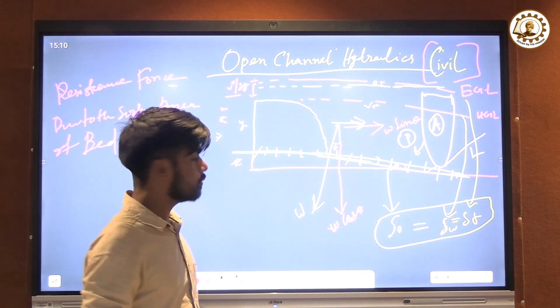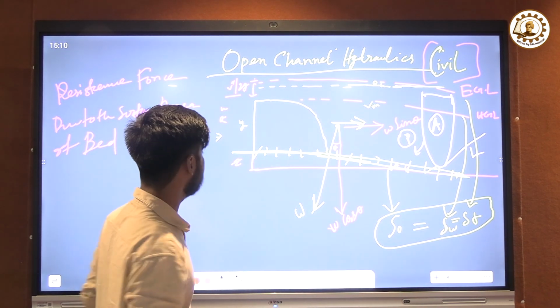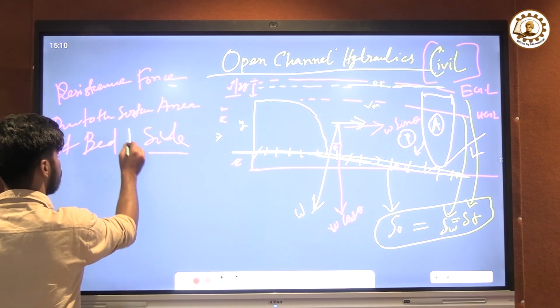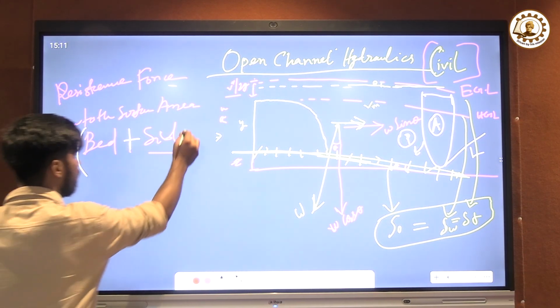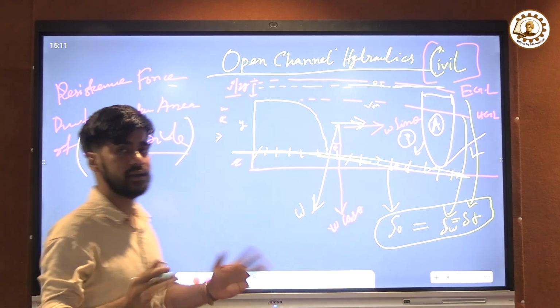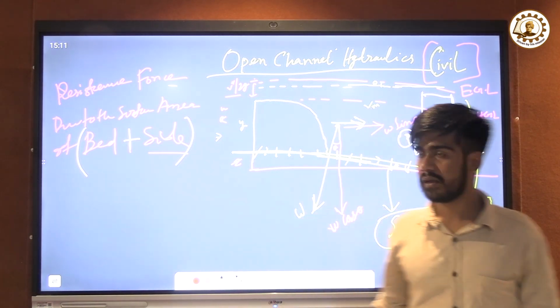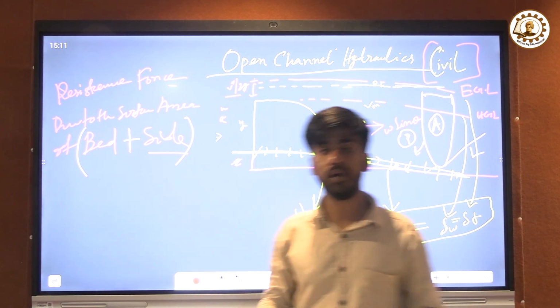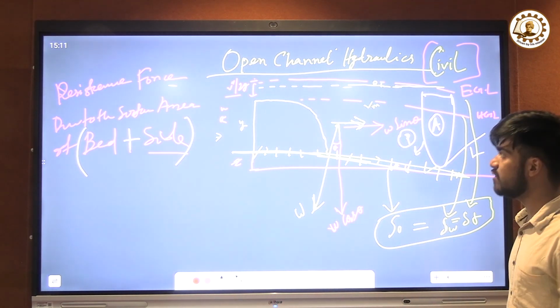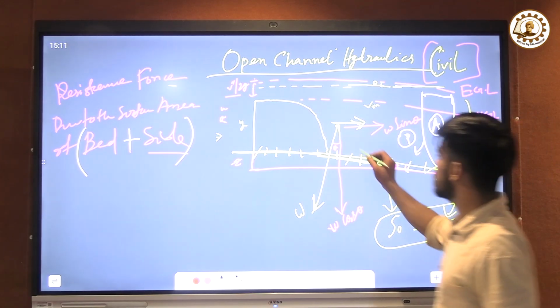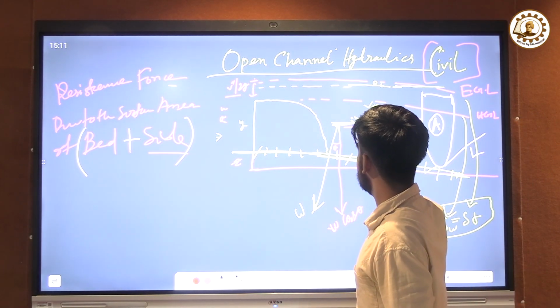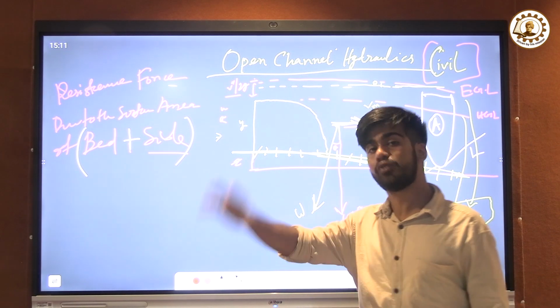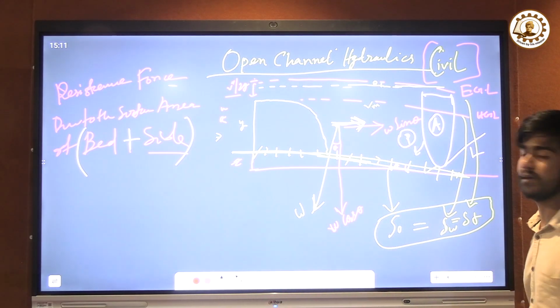It will be the bed area plus the side wall area, isn't it? The total surface area of the bed and sides will give the resistance force for the water, so that it does not flow against the W sin theta force.